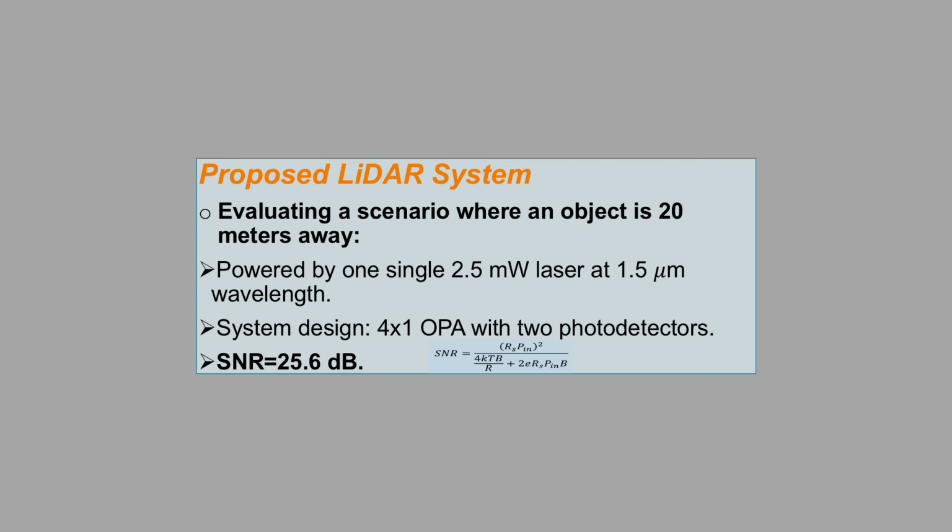This is very important in order to not have a very high laser power, in order to increase the efficiency of the system. As a result, by making a few calculations that I decided by looking at many trade-offs, I proposed a LiDAR design of OPA of 4x1 with two photodetectors to detect the signal, and this gave me a signal-to-noise ratio of 25.6.